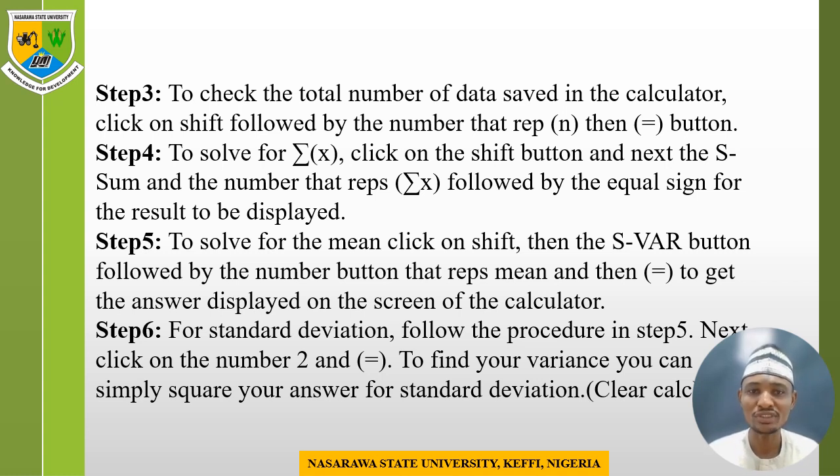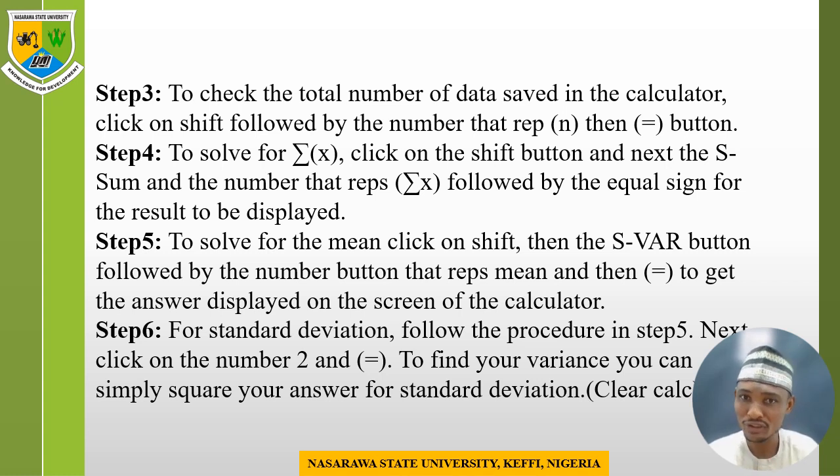Now, to solve for the sum of x, which is the summation of all the variables, click on the shift button and then the sum and the number that represents the summation of x in the calculator, followed by the equal sign.